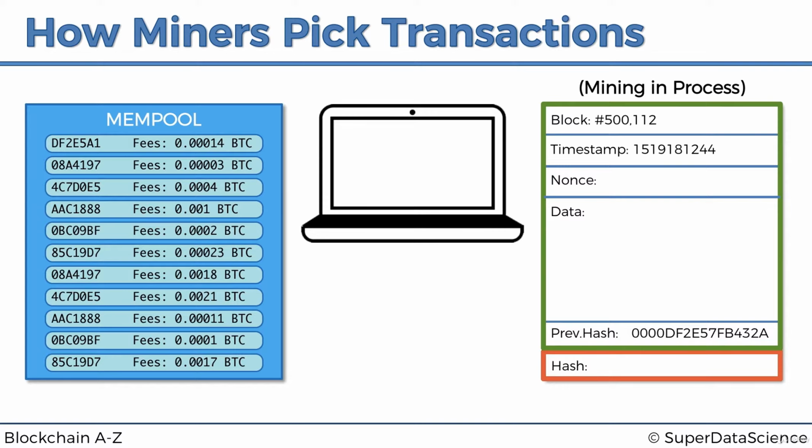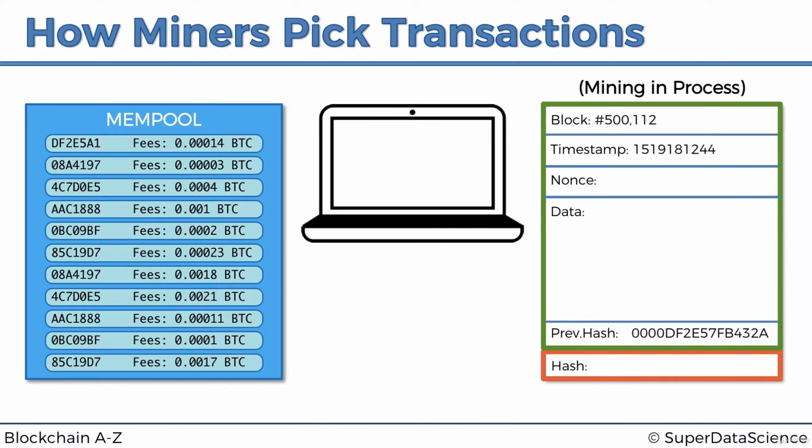Let's say, for argument's sake, that there's a maximum of 5 transactions they can include. In the real blockchain world, there's a different limit. The limit is 1 megabyte, and about 2,000 transactions fit per block. But for our purposes, we'll just say that a miner can include a maximum of 5 transactions here.